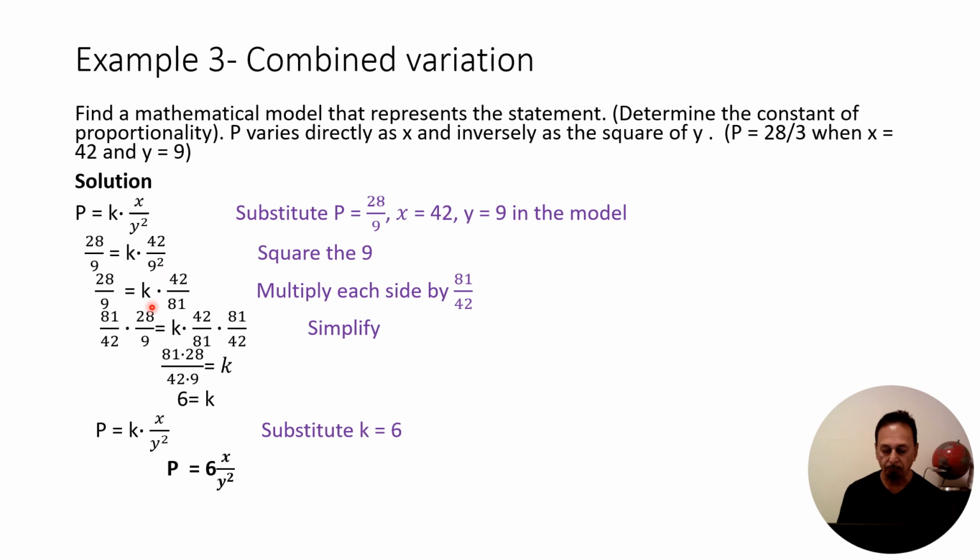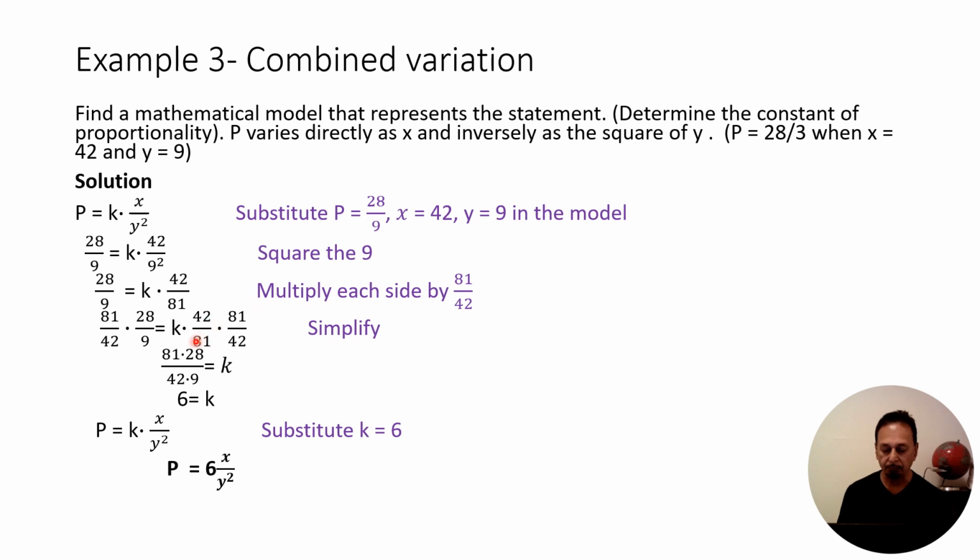Now we have to solve for k. In order to get rid of 42 over 81, we multiply both sides by the reciprocal of 42 over 81, which is 81 over 42. So now we have 81 over 42 times 28 over 9 equals k times 42 over 81 times 81 over 42.